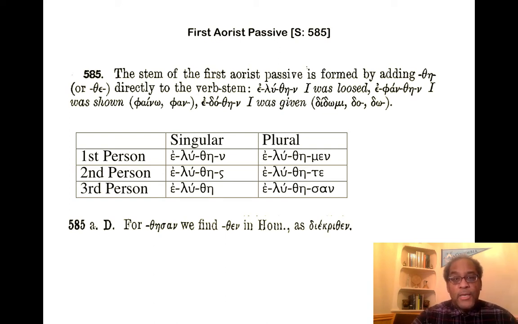Okay, so again, elutein, elutes, elute, elutemen, elutete, elutesan. And we have the note to 583A in the dialect section, where Smyth informs us that for desan of the third plural, we find in Homer -then, as in dikrithen: they were separated.